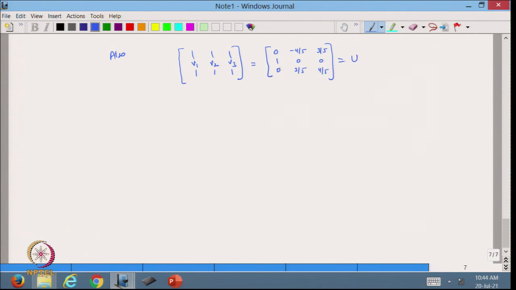So, it means that if I take the dot product of these columns, column 1, column 2, column 3, it is going to be 0. So, these columns are mutually orthogonal.